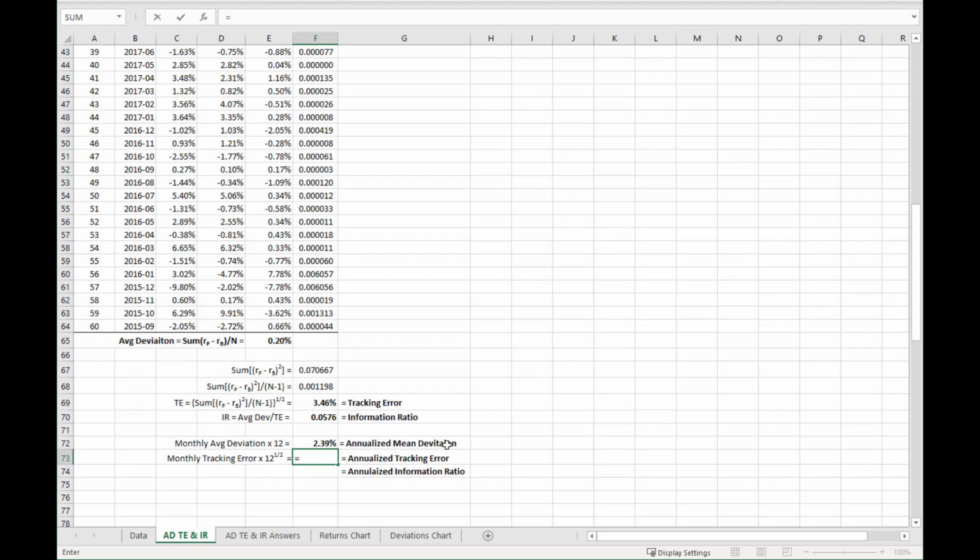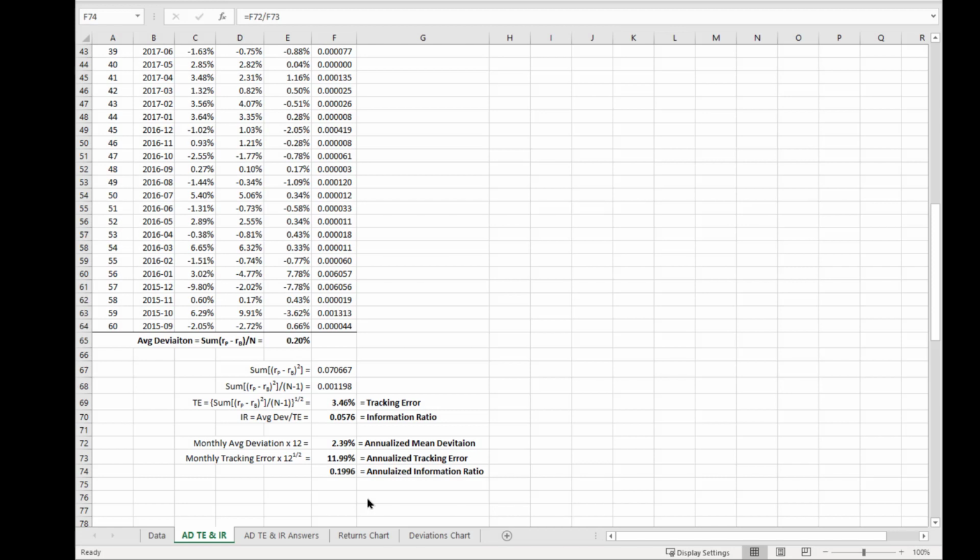So I square it, I multiply it by 12, and then I take the square root. That's the same as multiplying it by 12 to the 0.5. And I get this 11.9. And from this, I can compute the annualized information ratio, and now I get 0.1996 as the annualized information ratio.